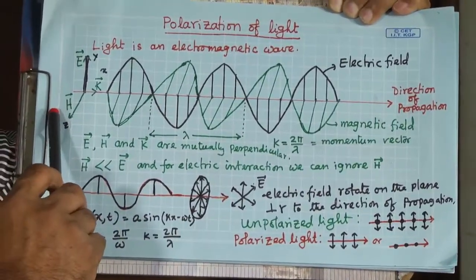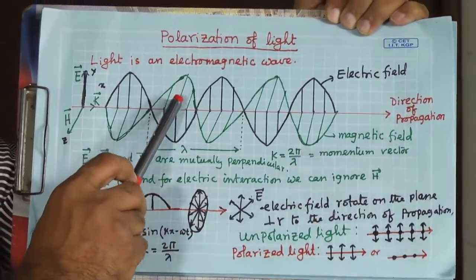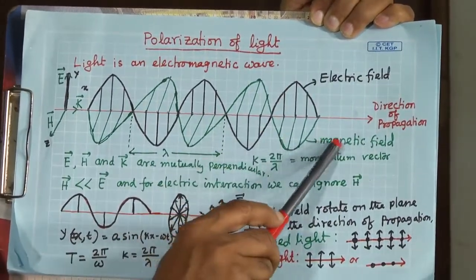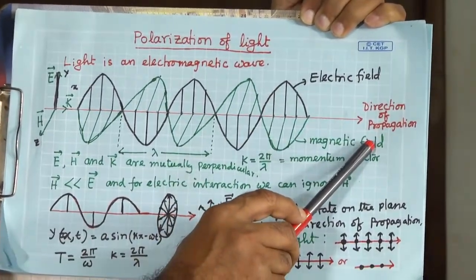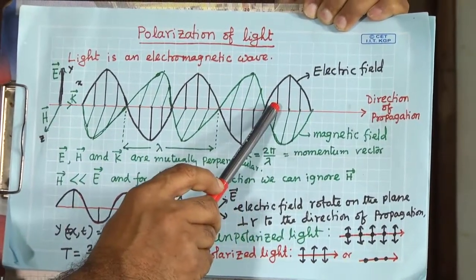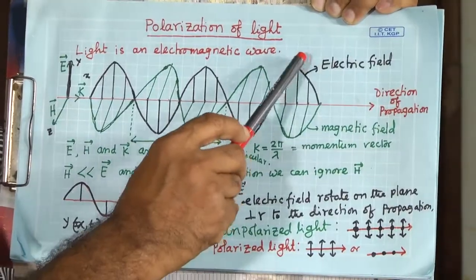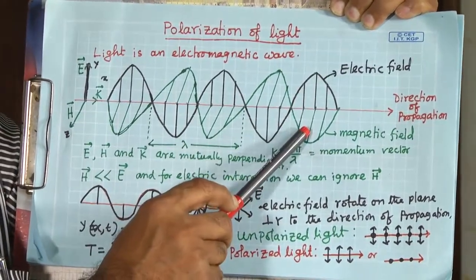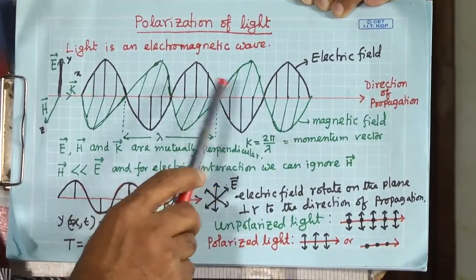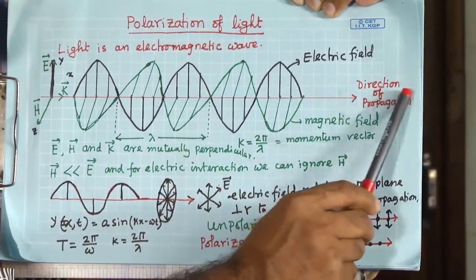It basically has two components, an electric field component and a magnetic field component, and these two components are mutually perpendicular to each other. Also, these two components are perpendicular to the direction of propagation.